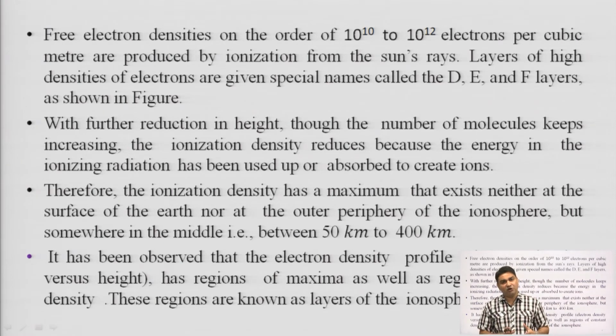It has also been observed that the electron density profile has regions of maxima as well as regions of constant density, and these regions are known as the layers of the ionosphere. These layers, D, E, F1 and F2, are specified by their highest electron density at a specific height in different ranges.